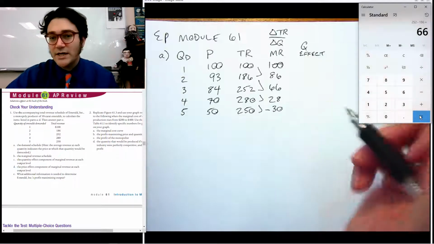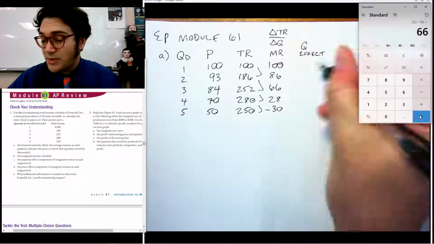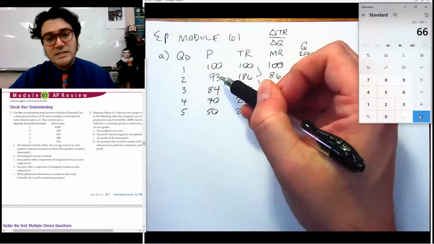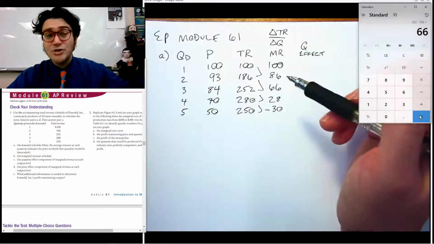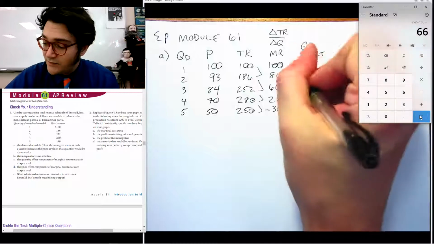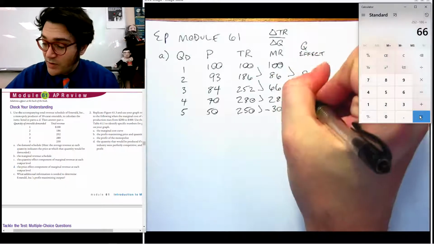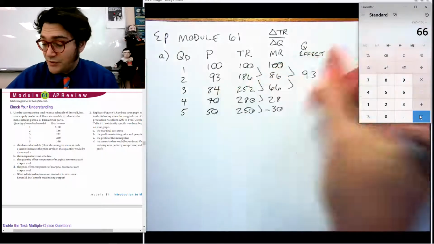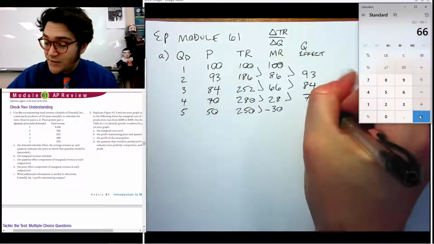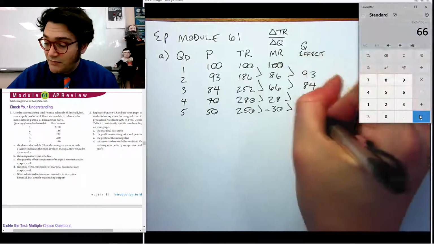I don't know why they're going through that process, but by selling the second unit, you're gaining 93. That's the idea of the quantity effect: how much did you gain by selling an additional unit. By selling the third unit, you gained 84. By selling the fourth unit, you gained 70. By selling the fifth unit, you gained 50.